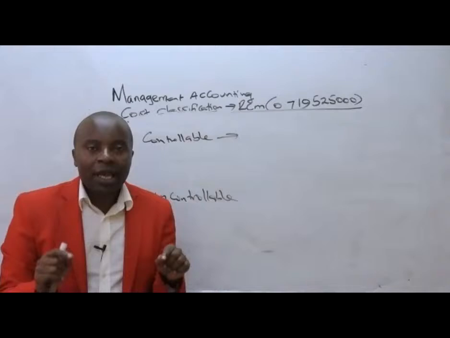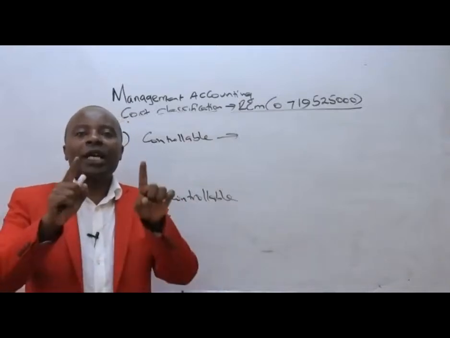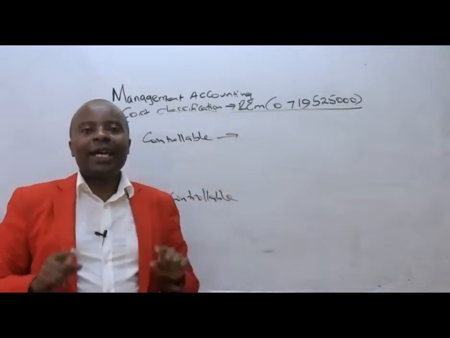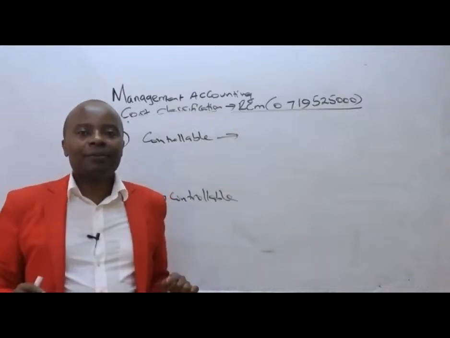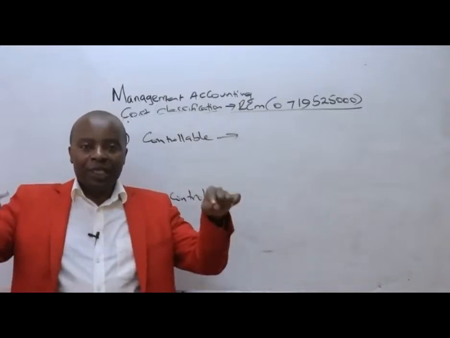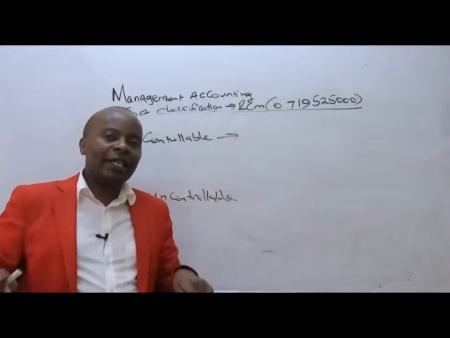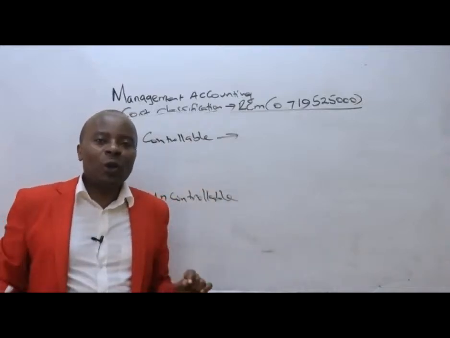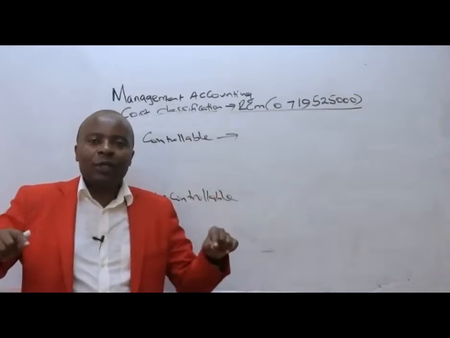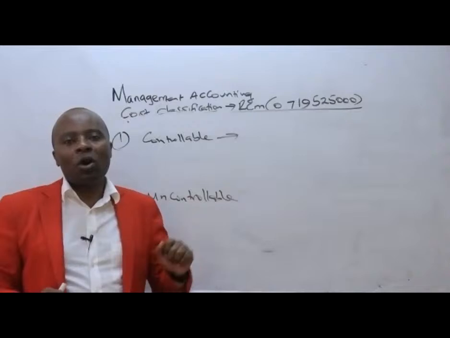Controllable costs are those costs that we can control, that we can influence their incurrence or not as management. So as management within this firm, there are those expenses. If we say no to training, then our people will not be trained, will not incur training cost. So training cost becomes a very good example of a controllable cost.